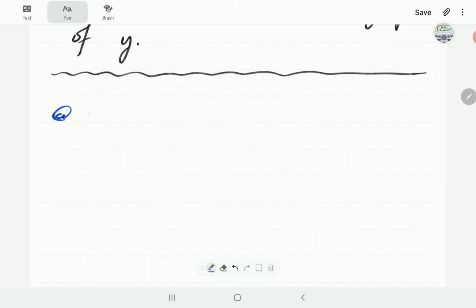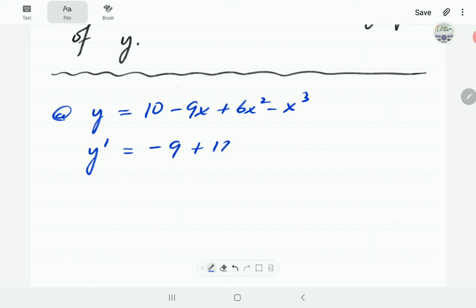So in A, we have got y is equal to 10 minus 9x plus 6x squared minus x cubed. So the first thing we're going to do here is to find the first order derivative. It's going to be minus 9 plus 12x minus 3x squared.